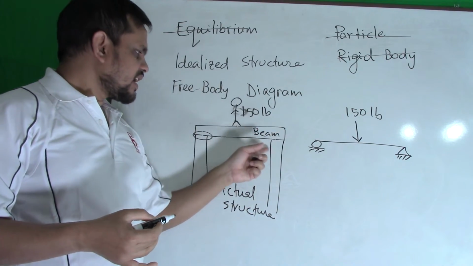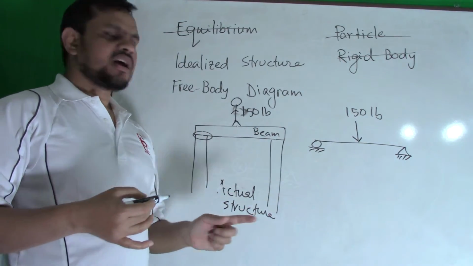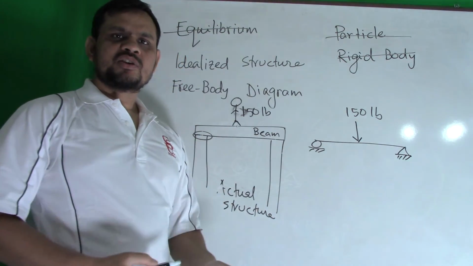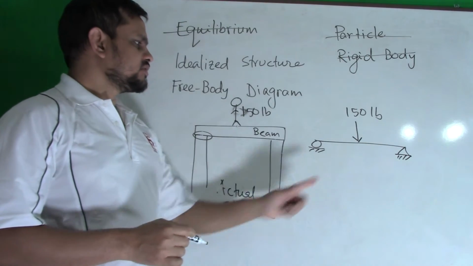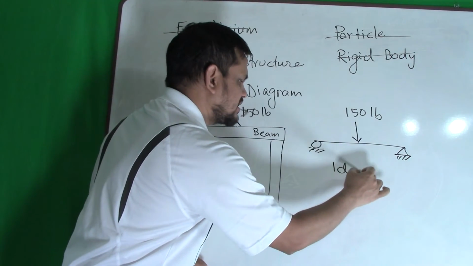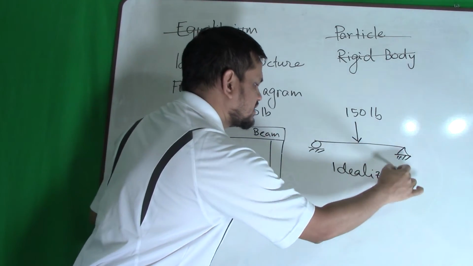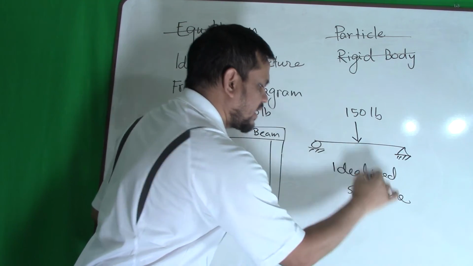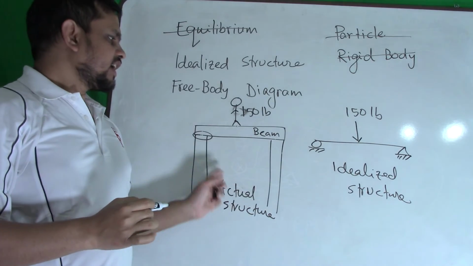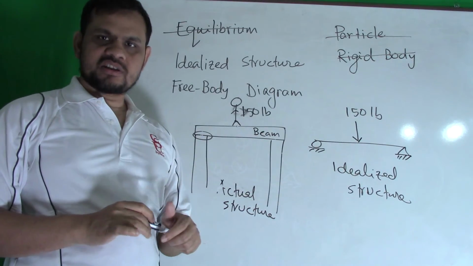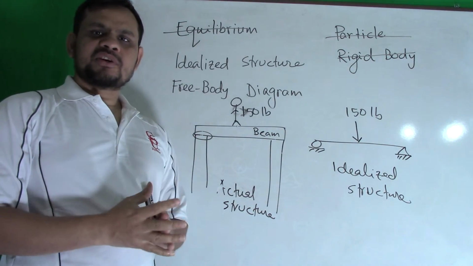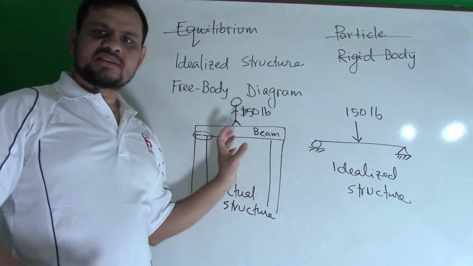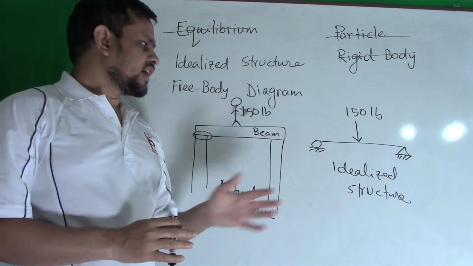Based on the actual structure, I can simplify it and present it in a simple way so that I can analyze. So this is called idealized structure, and this process is called idealization. What is that? Simplification of the actual structure so that the main characteristics is there and we can analyze it easily.